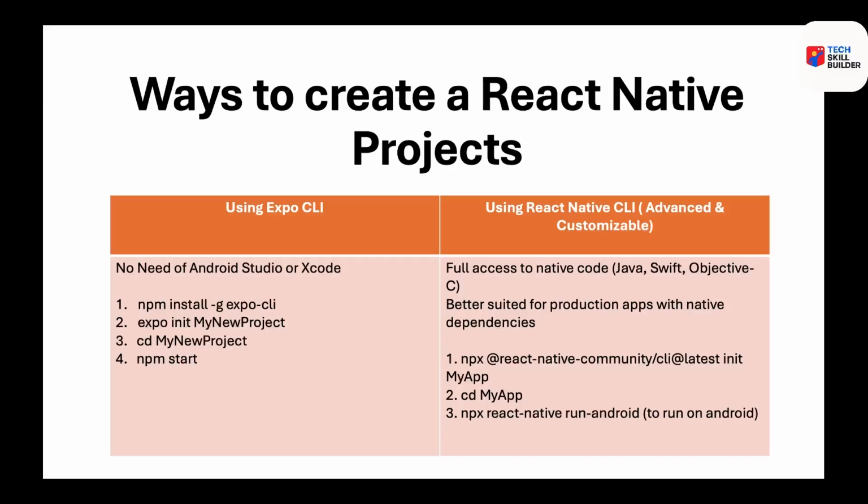Vice versa, in React Native CLI there is the command npx @react-native-community/cli@latest init MyApp. And then you can run platform specific. For example, to run on Android, you need to do npx react-native run-android to run on the Android device.